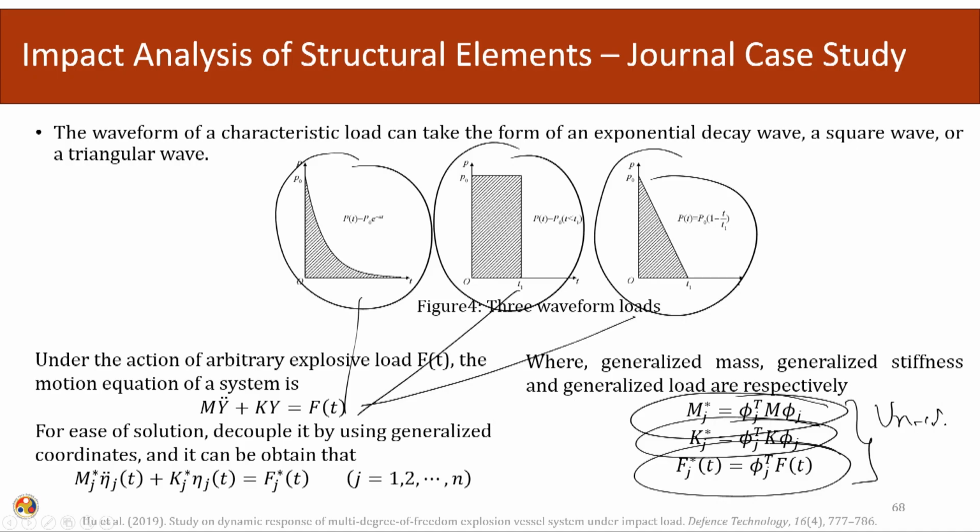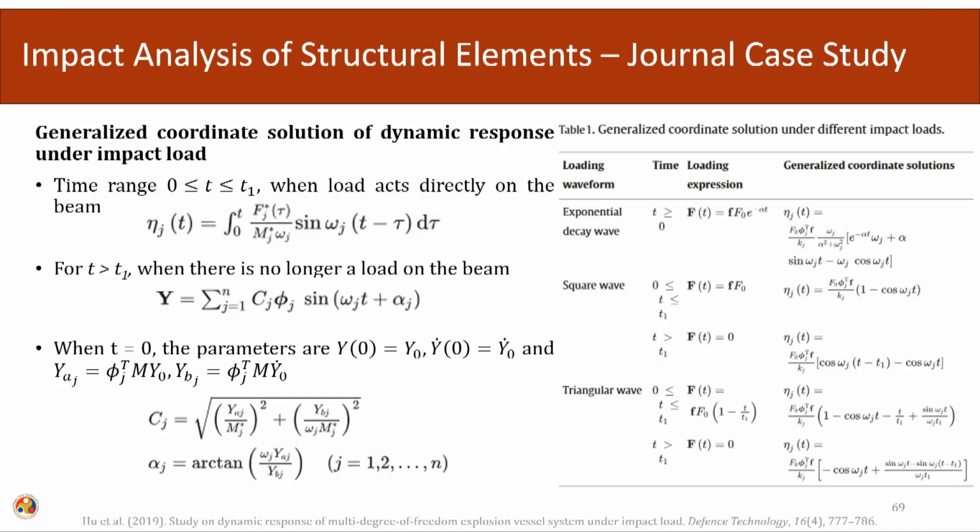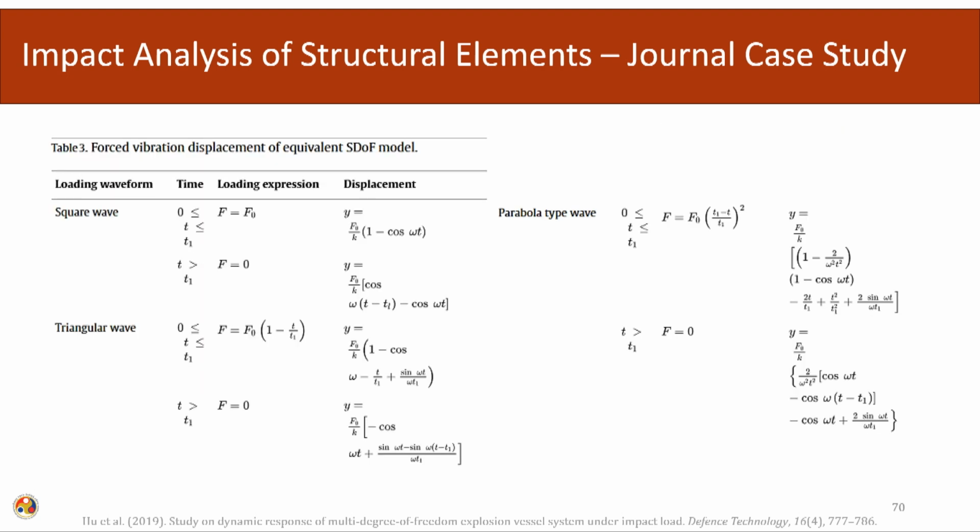Here we will get the uncoupled system, and from the uncoupled system we can calculate the dynamic response of the system. These are the different approximations of our forcing function. Again, free vibration displacement of the equivalent single degree of freedom system.